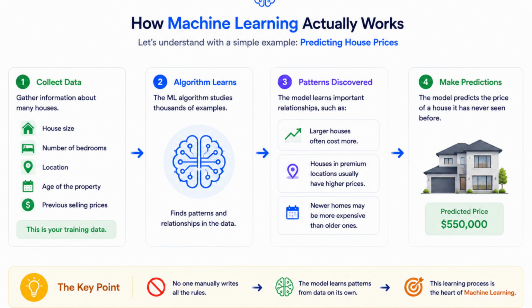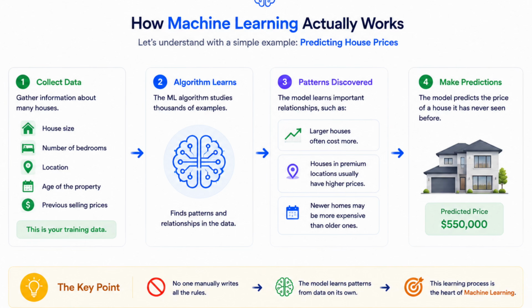It begins noticing relationships. For example, larger houses often cost more. Houses in premium locations usually have higher prices. Newer homes may be more expensive than older ones.